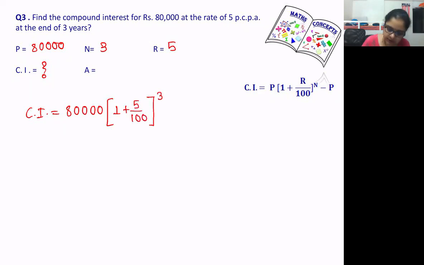Here the number of years is 3, minus 80,000. Remember, if there is no sign between a bracket and a number, it is always multiplication.